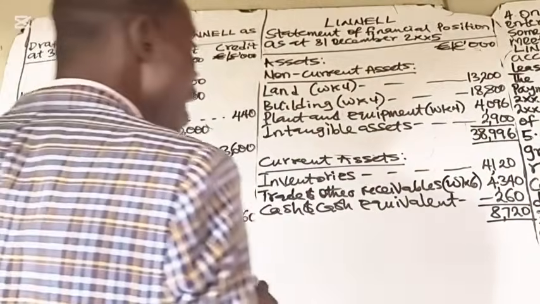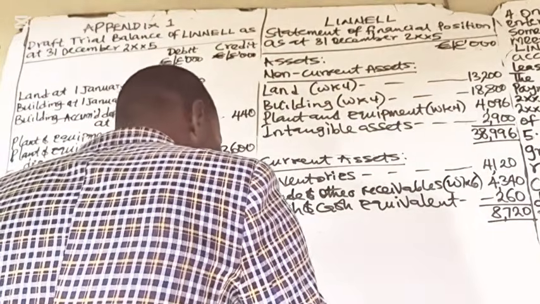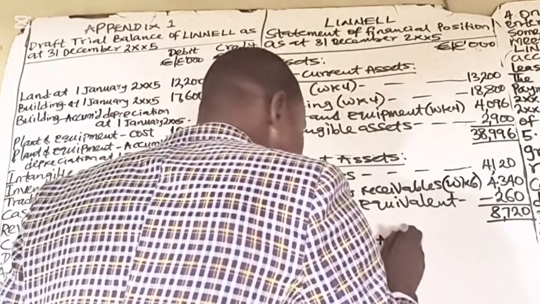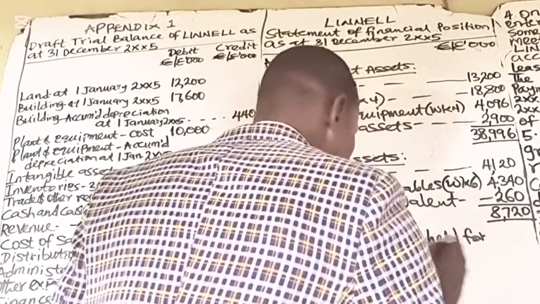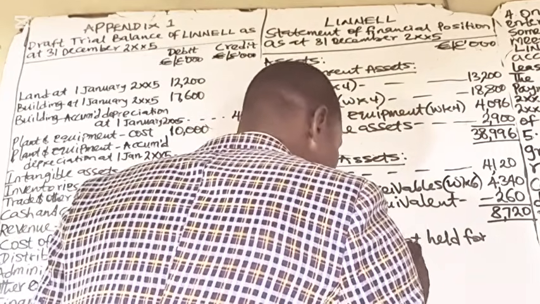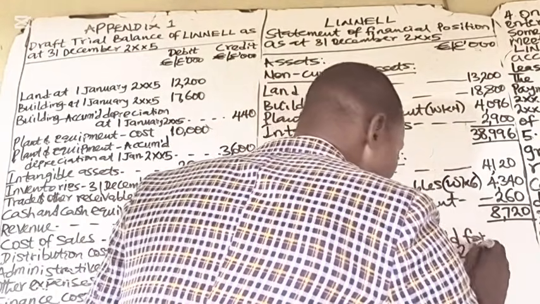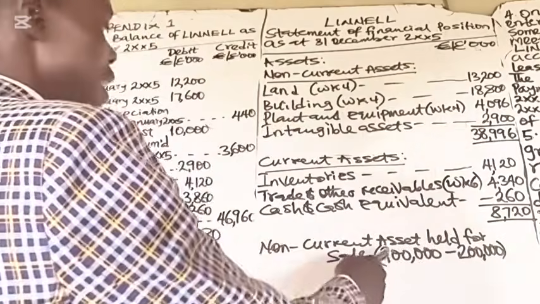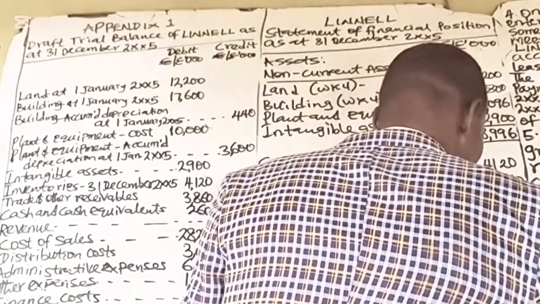Then we also have non-current asset held for sale. Remember, you were given its fair value to be 900,000, and the cost to sell is given to be 200,000 from the additional information. 900,000 minus 200,000, we get 700,000.